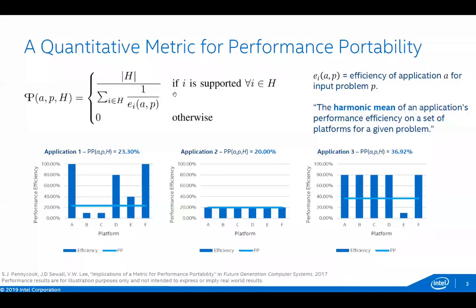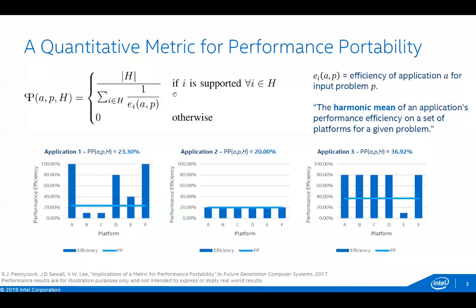And that might seem a little harsh, but the basic idea is that you shouldn't be able to claim that your application is performance portable if you couldn't even claim that it was portable. And I'll come back to talk about what some of the other terms in these definitions and metrics mean later on. But at the bottom of this slide, you can see there are 3 example graphs here, and this is really just dummy data, so made up data to highlight how the performance portability metric works, and that we think it's actually quite intuitive.